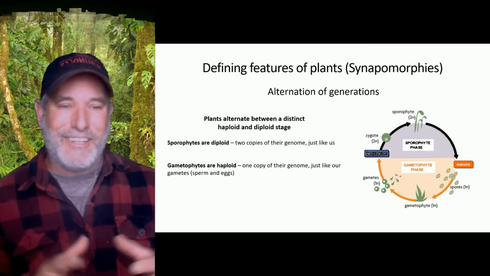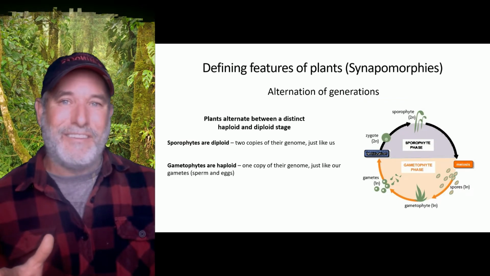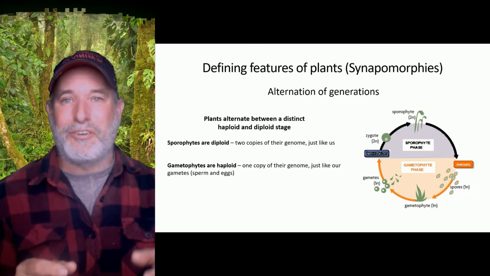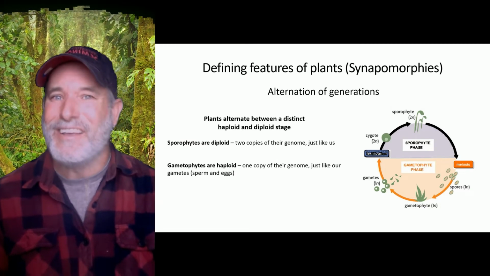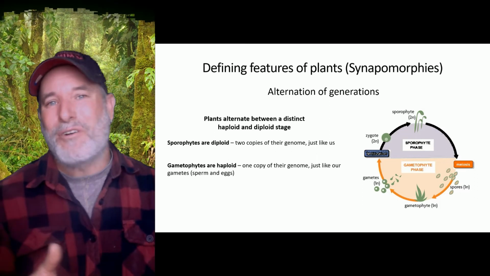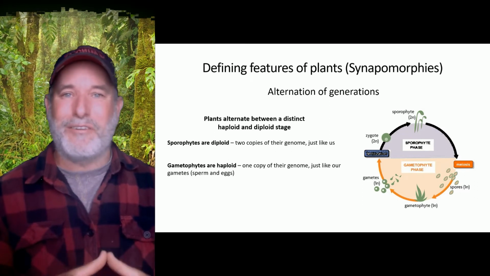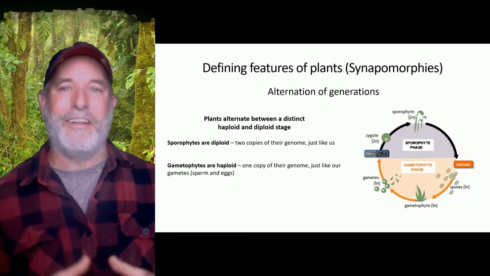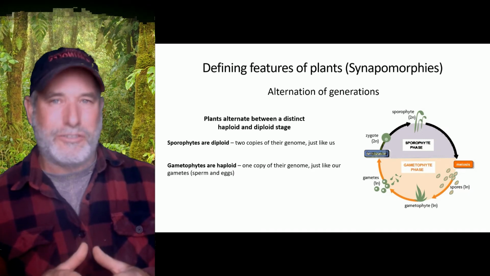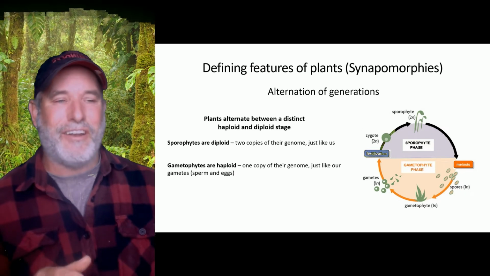It's so crazy. And then the gametophyte will create haploid gametes through mitosis, right? And then they will come together to form a zygote, which grows into a sporophyte, which is diploid. And I will talk more about this alternation of generations later.